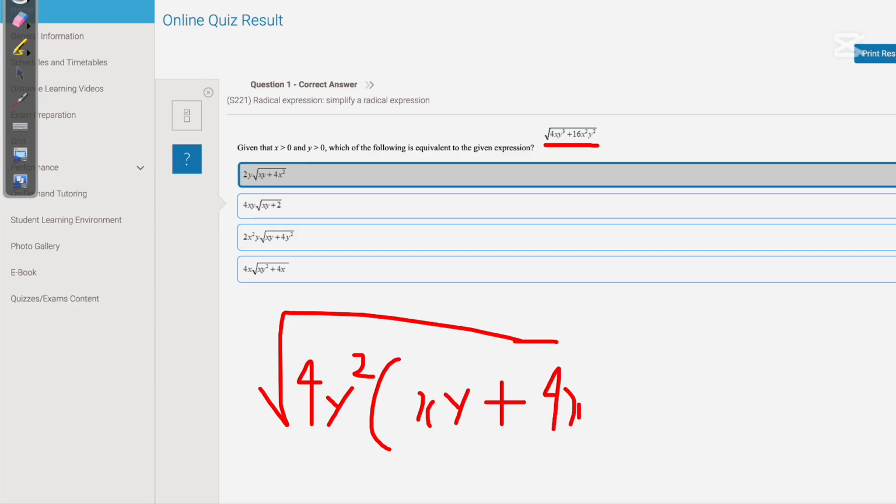What I'm doing here is just factoring out. So after we take the 4y squared out of the radical, it will be 2y root xy plus 4x squared.